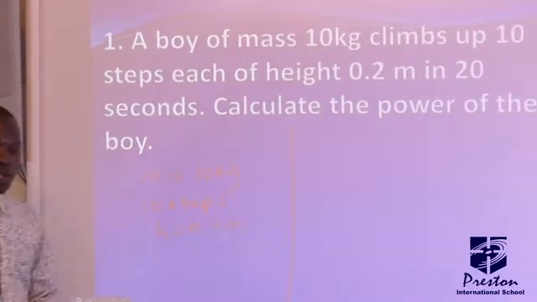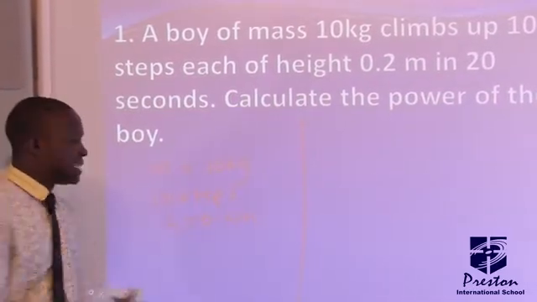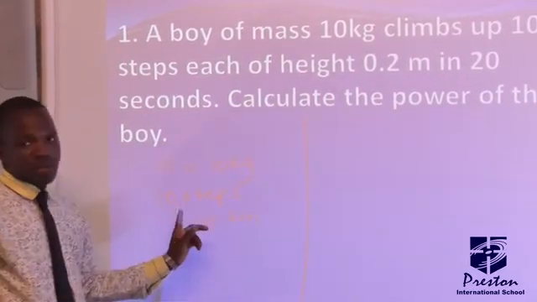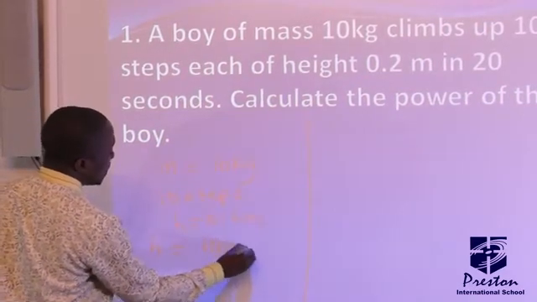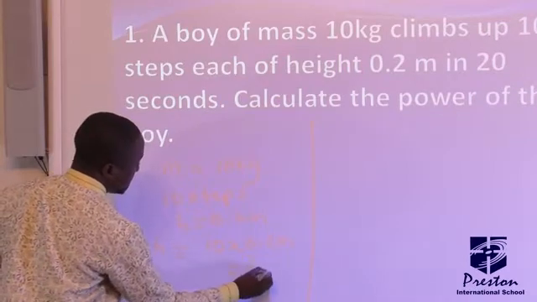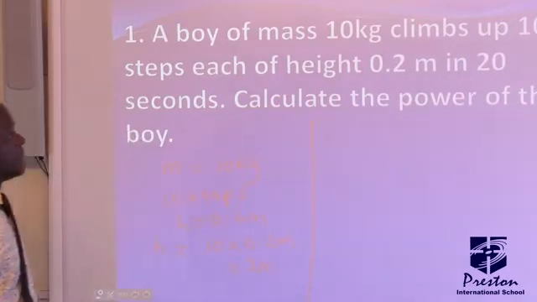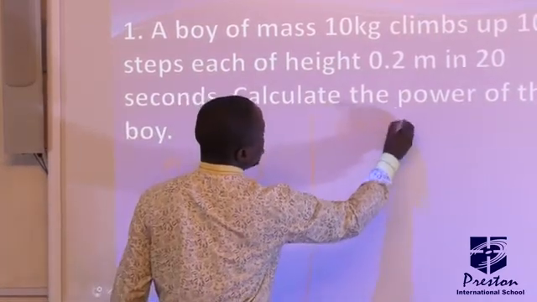And of course, it's climbing 10 steps, so if one step is 0.2 meter, then 10 of them will be 0.2 times 10. So the height we are going to be using will be 10 times 0.2 meter, not just 0.2 meter. Then in 20 seconds, that's the time taken.